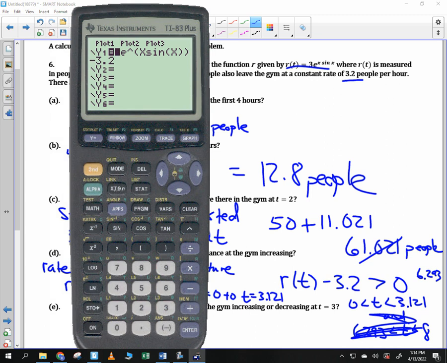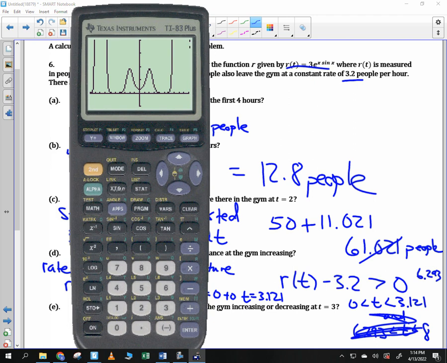So I'm going to go ahead and delete this negative 3.2. And how do I figure out the derivative at time 3? So I can calculate number 6. And what do I type in for number 6? I type in 3. And you can even look at the graph, 1, 2, 3. It looks like it's probably on its way down.